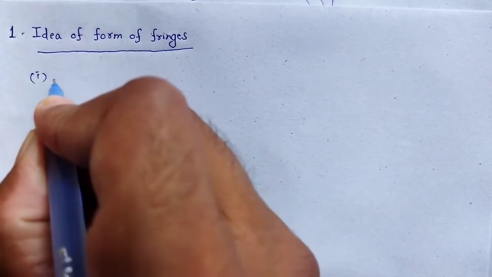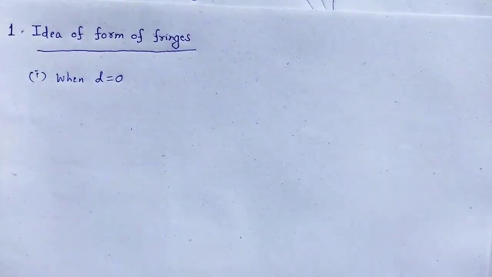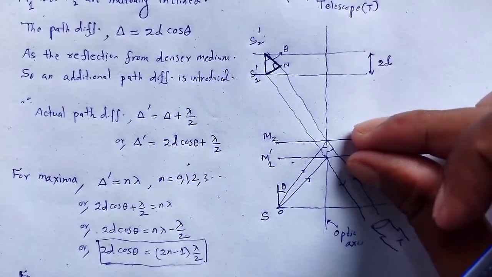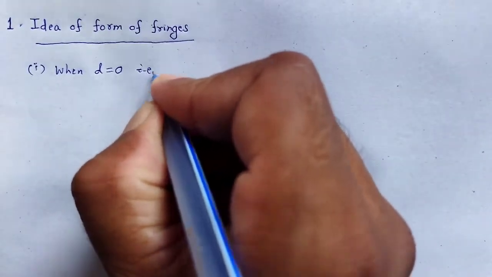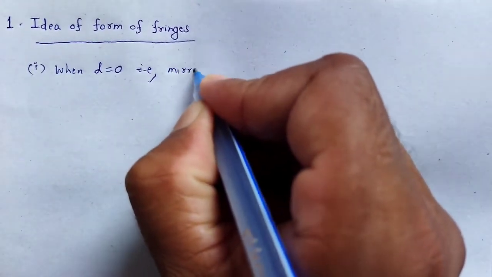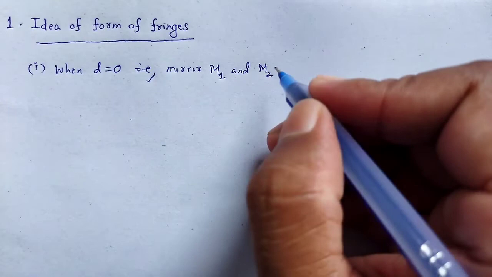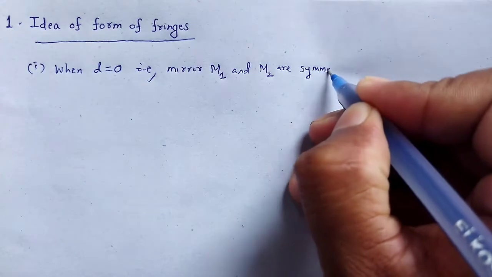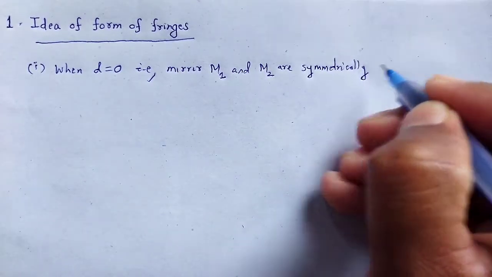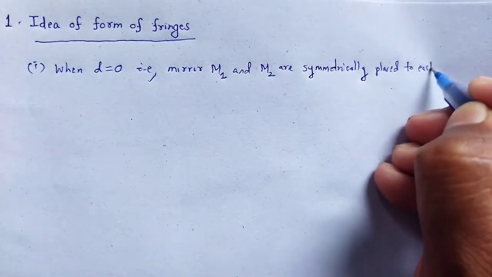First thing, when d is equal to 0, the mirrors M1 and M2 are symmetrically placed to each other.